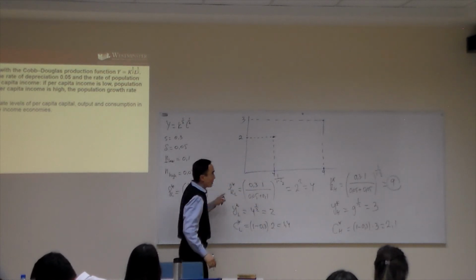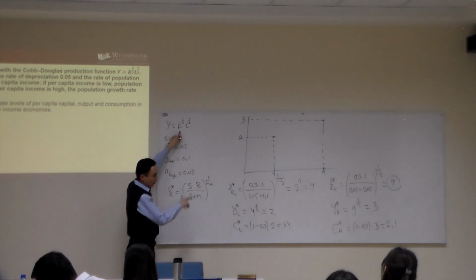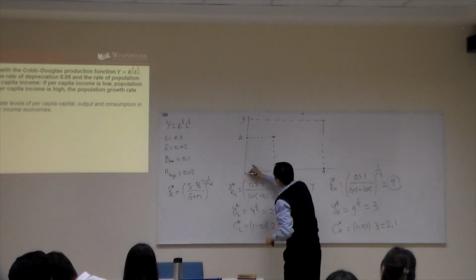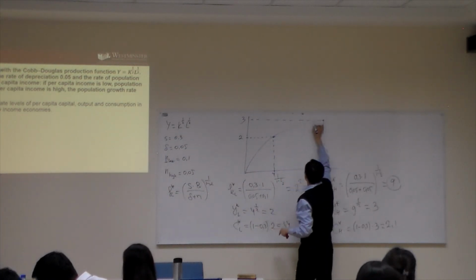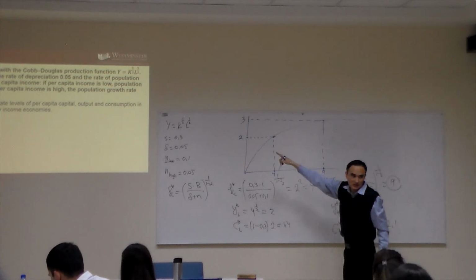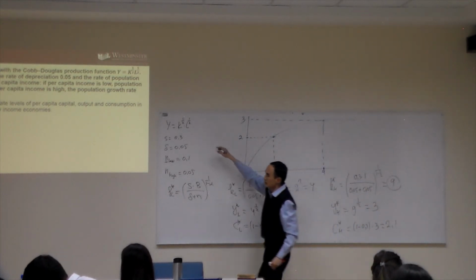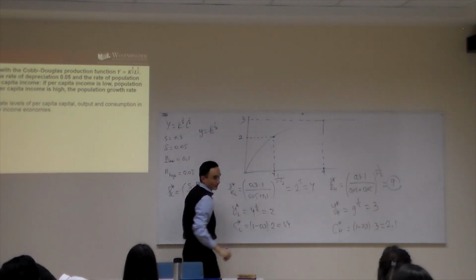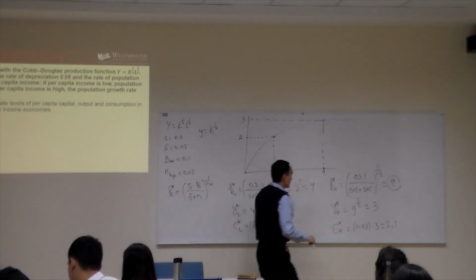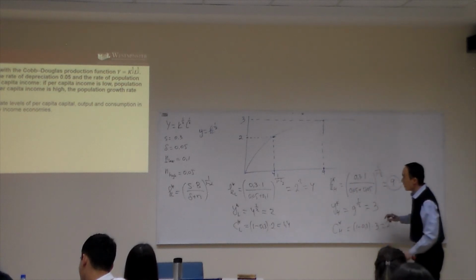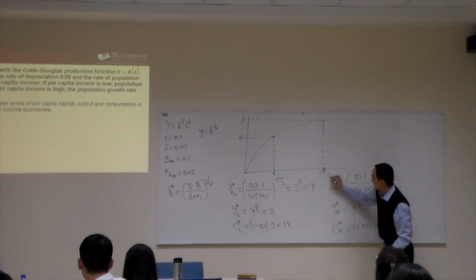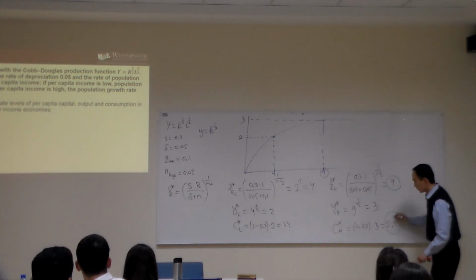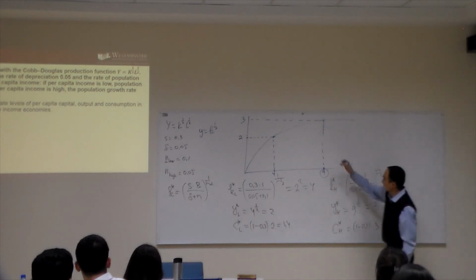Right? The production function for both is the same. So that production line for both countries is the same, because the function is the same. Right? So this y is equal to capital to the power 1/2. Now we are saying that once the economy reaches that steady state level, consumption is equal to 2.1, right?